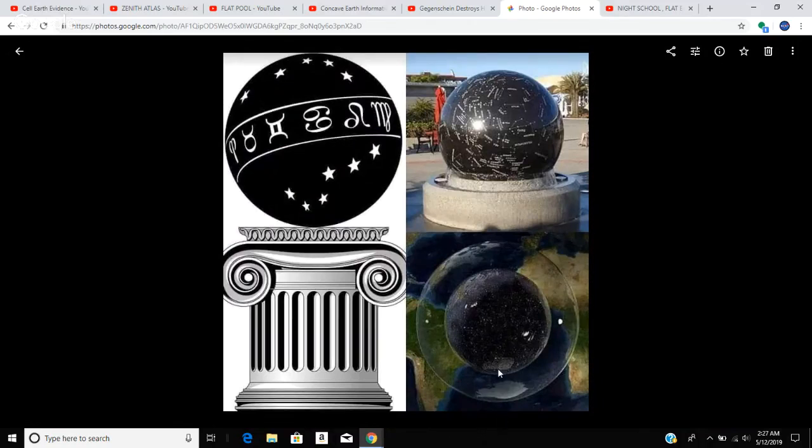Looking south, from the south looking south, you're going to see this ball of stars rotating east to west, which is going to create clockwise star trails. And then from the north looking north, you're going to look up at the sky and you're going to see the stars going east to west, and it's going to be counterclockwise. Wow.